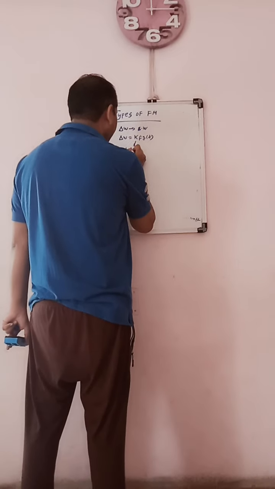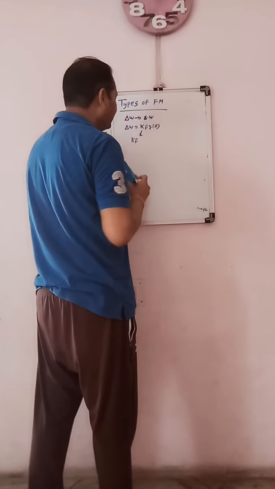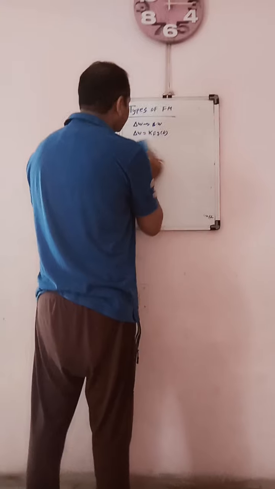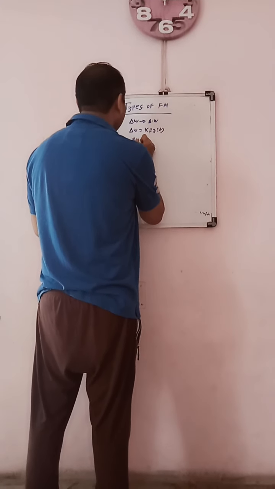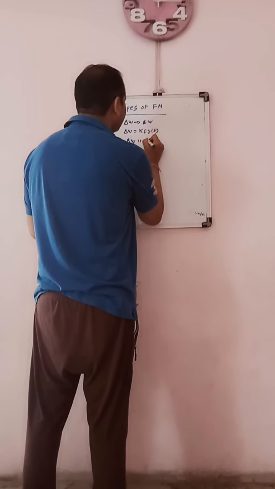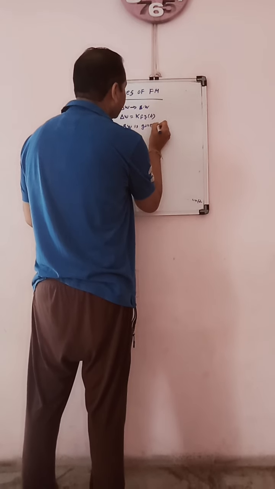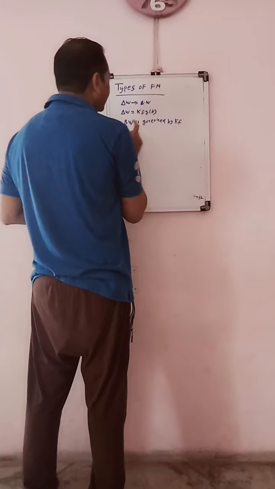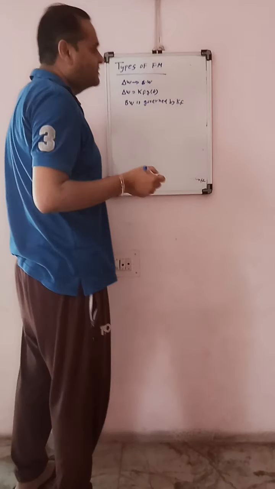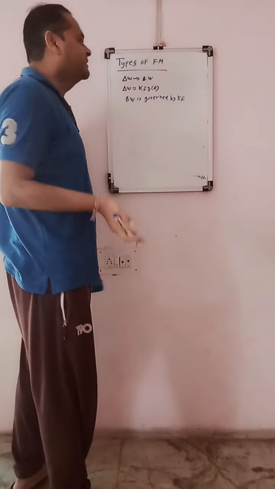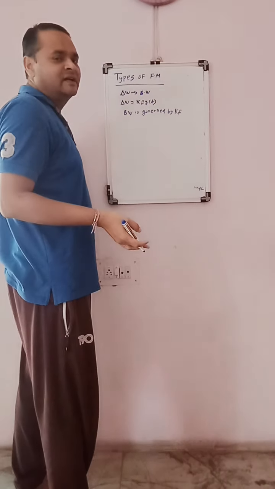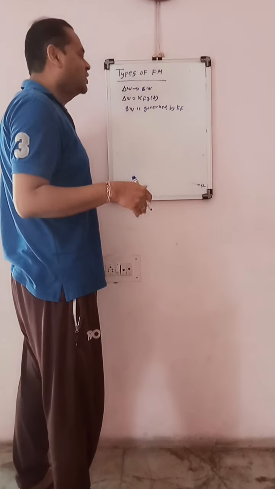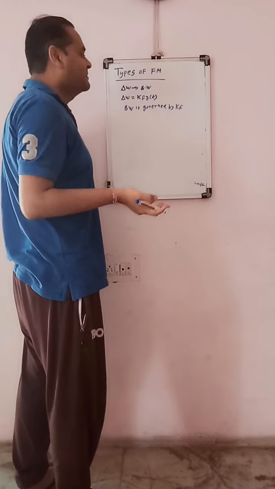The bandwidth is governed by kf. So if the value of kf is large, the bandwidth will be large. If the value of kf is small, the bandwidth will be small.